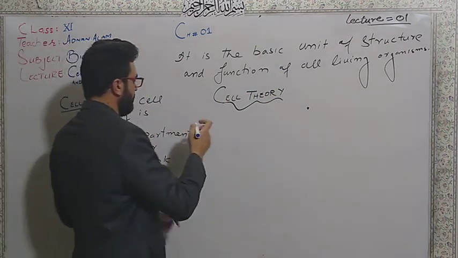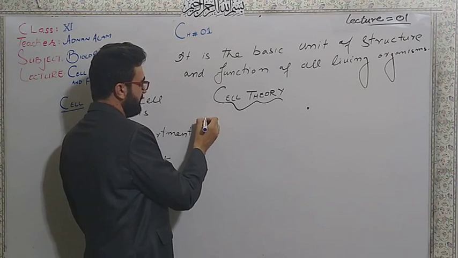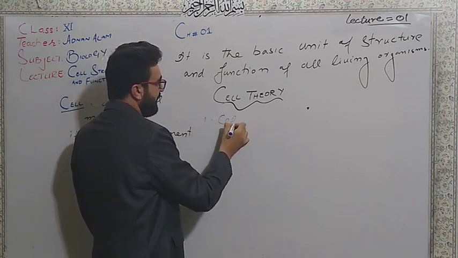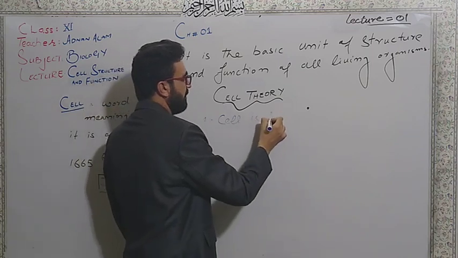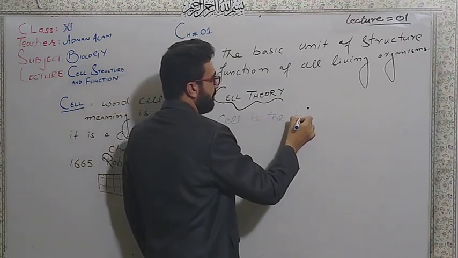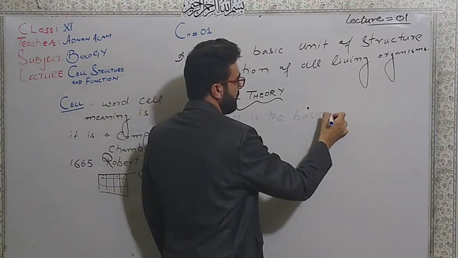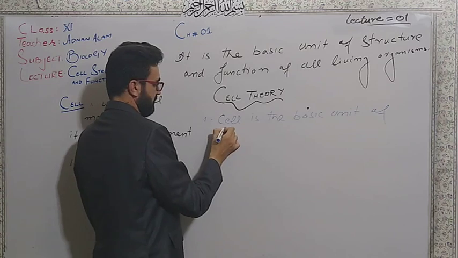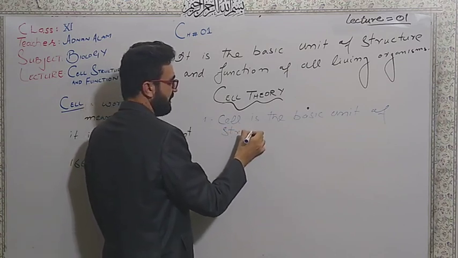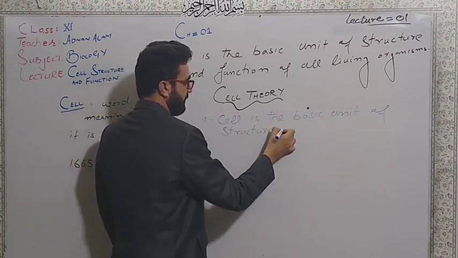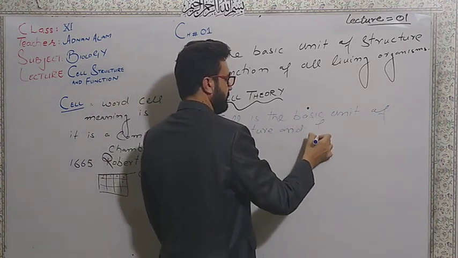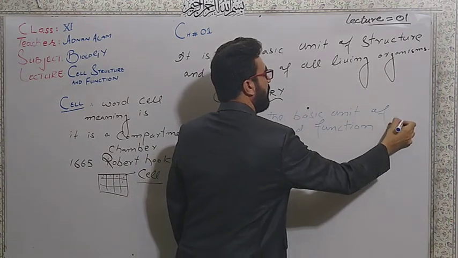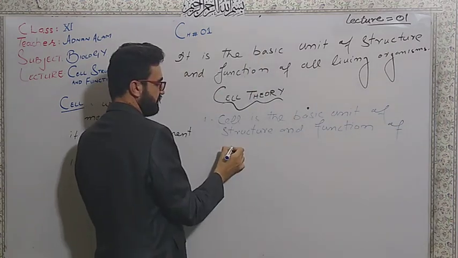The first point of the cell theory is that the cell is the basic unit of structure and function of all living organisms.